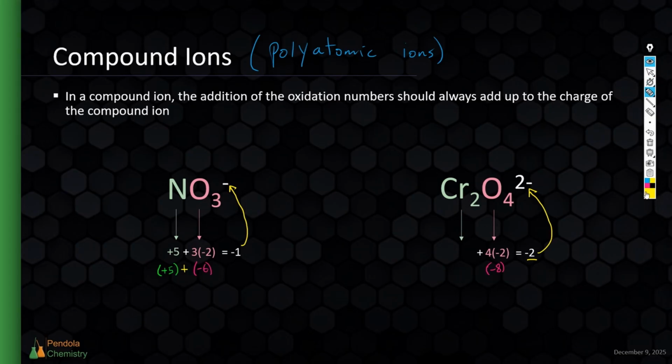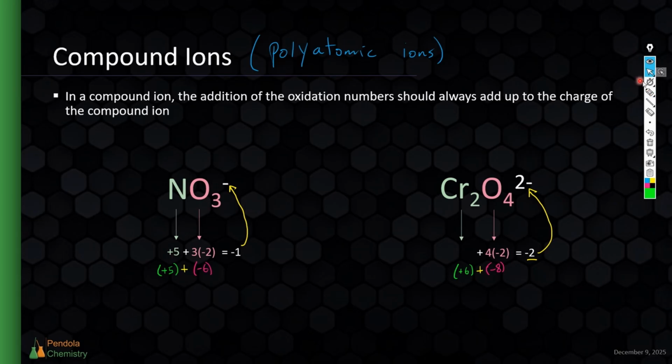In order for the oxidation numbers of the oxygens to add up to a -2, we need the chromium oxidation numbers to add up to a +12, because +12 plus -14 gives us -2 in total.